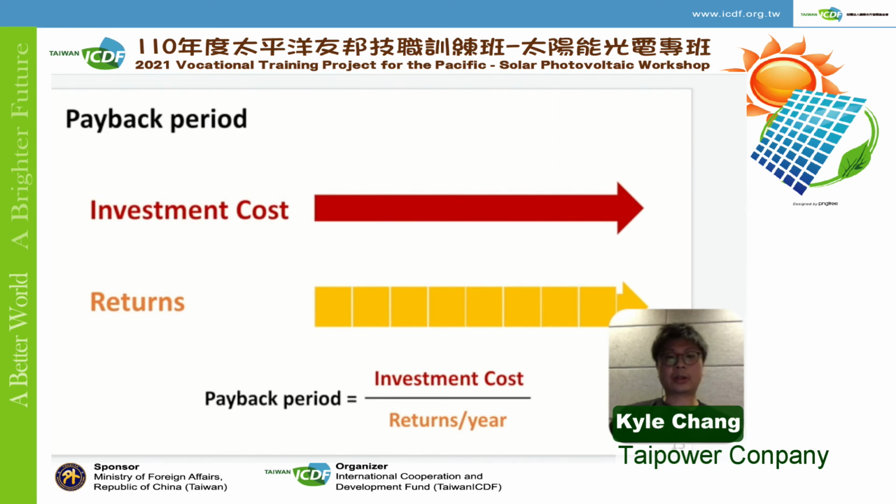Next, we will start our discussion at the consumer level. At this level, we will discuss the concept of a payback period. In finance, the payback period is defined as the amount of time required to recover the cost of an investment.